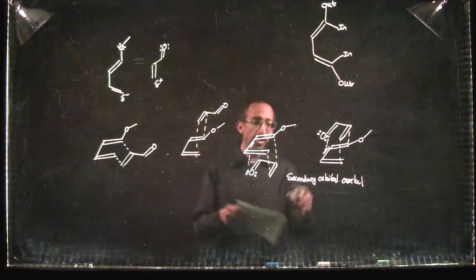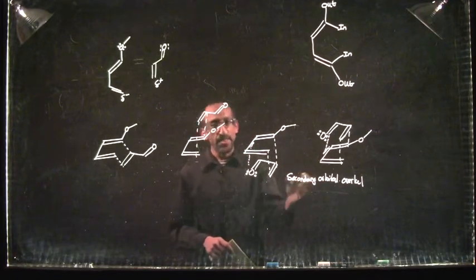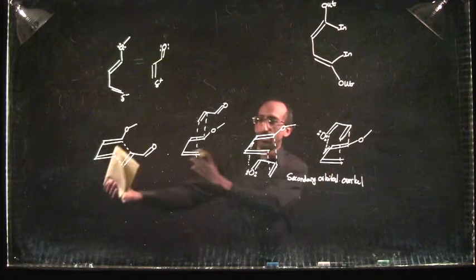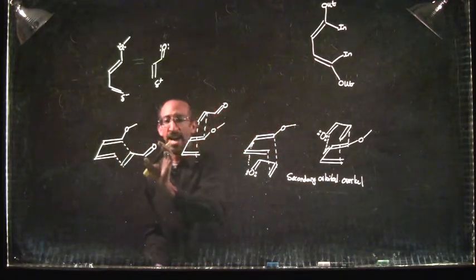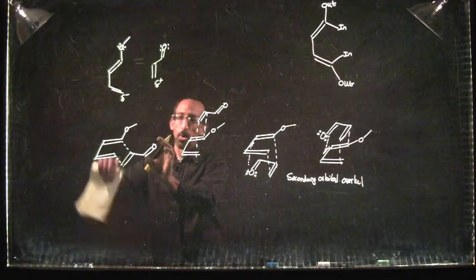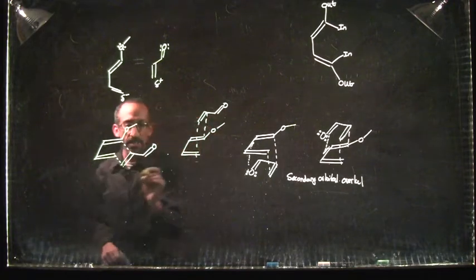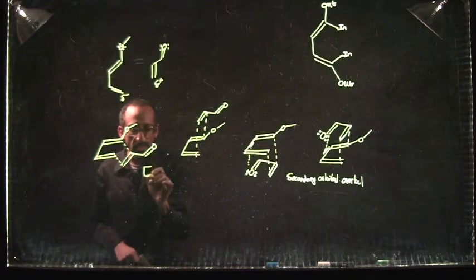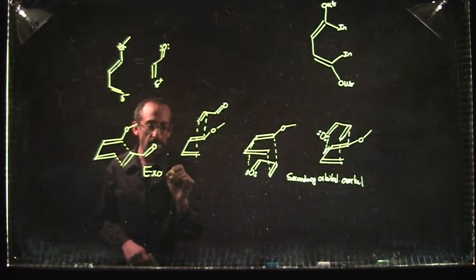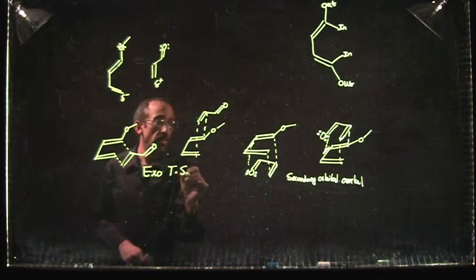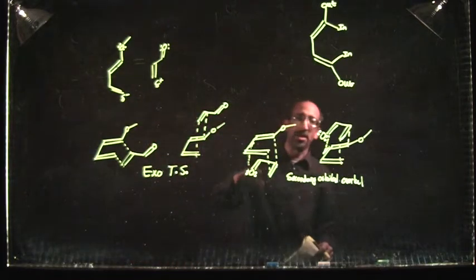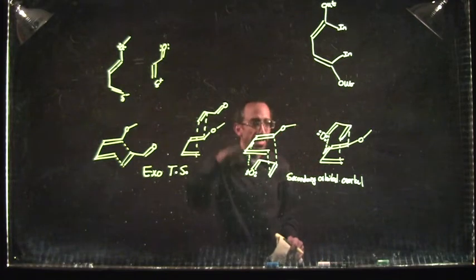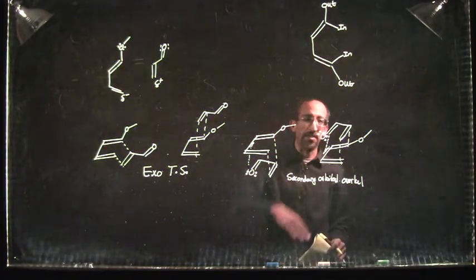Okay? And so because of this, we can now name these two different scenarios. One scenario where we have the electron withdrawing group away from the sigma bond, and that's true whether it's a bottom face or a top face approach, we call these exo transition states. And we have one where the carbonyl or electron withdrawing group of the dienophile is aligned with the sigma bond of the diene.